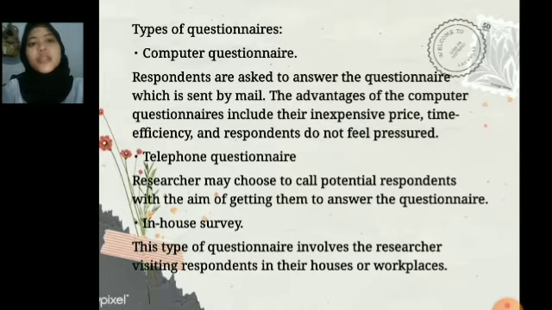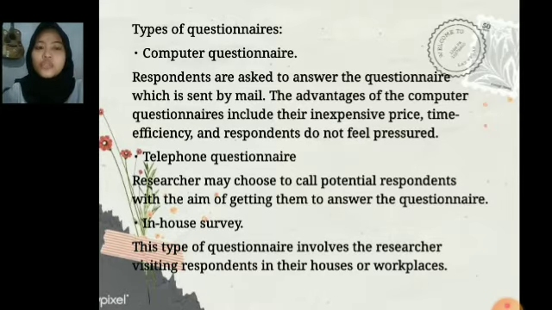There are some types of questionnaires. So the first is computer questionnaire. Respondents are asked to answer the questionnaire which is sent by mail. The advantages of computer questionnaires include their inexpensive price, time efficiency, and respondents do not feel pressured. And then number two, there is telephone questionnaire.